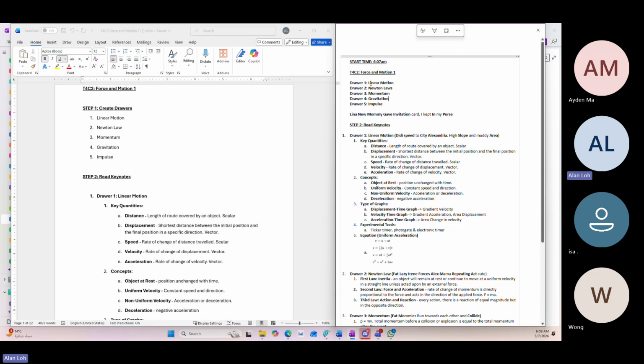Lina represents the linear motions, to help you to remember the linear motions. New represent Newton, right? Newton. Mommy is momentum. Gave invitation is gravitation. I gave invitation card. I kept in my purse. Purse is in my purse is impulse. In my purse, impulse. Right?